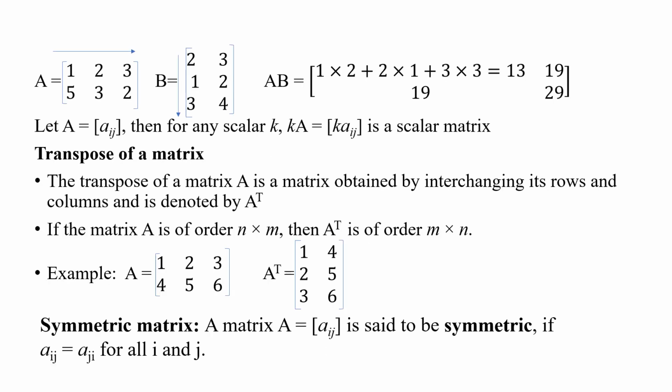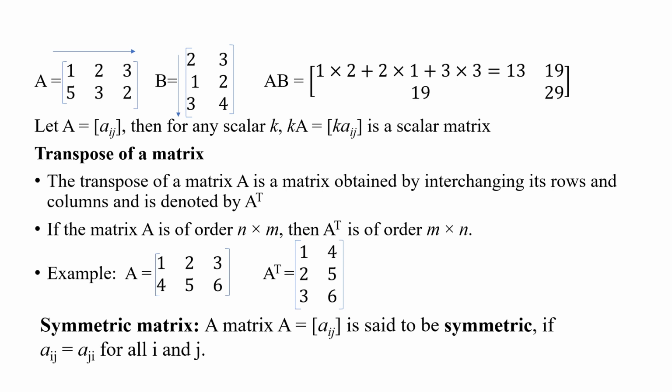Now I take an example where A contains 2 rows and 3 columns, and B contains 3 rows and 2 columns. Now how can we find the product AB?